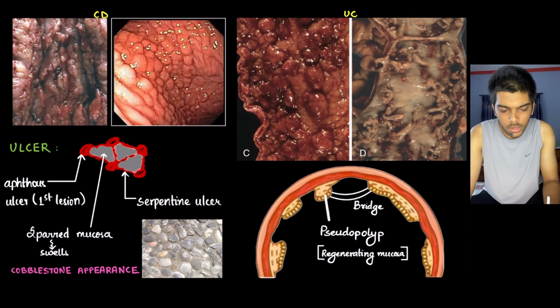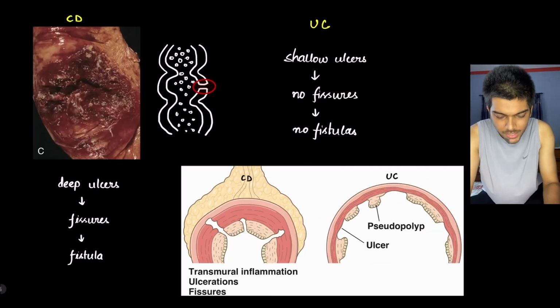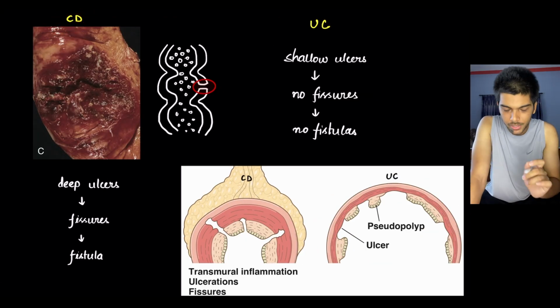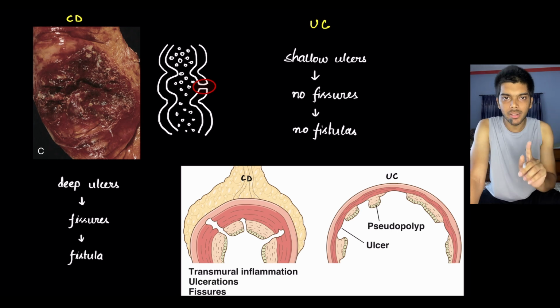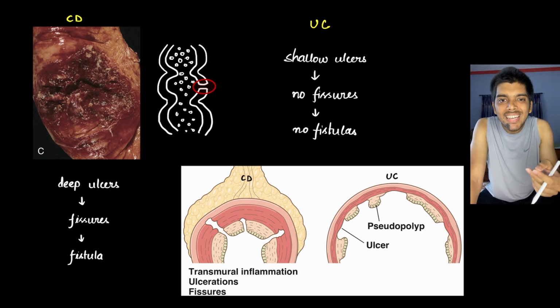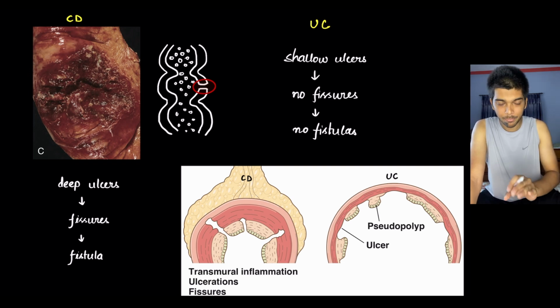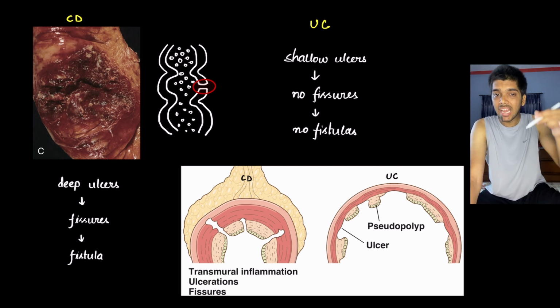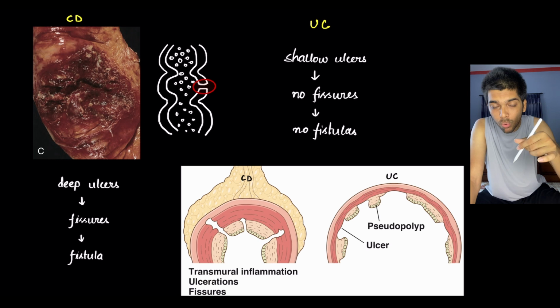Okay. Next, Crohn's disease. We were talking about ulcer. In Crohn's disease, we have deep ulcer. Ulcer normally involves mucosa. However, in Crohn's disease, it grows deeper into submucosa and even involves the muscularis layer.